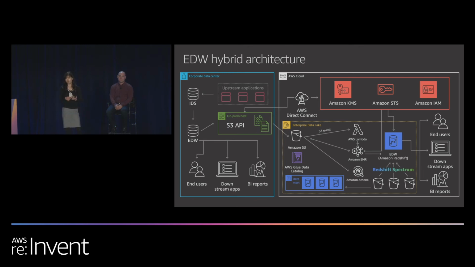For end users, BI reports and downstream applications which are already running or cloud ready, they access EDW on the cloud side. And some of the downstream systems already have their data marts running in the cloud today.